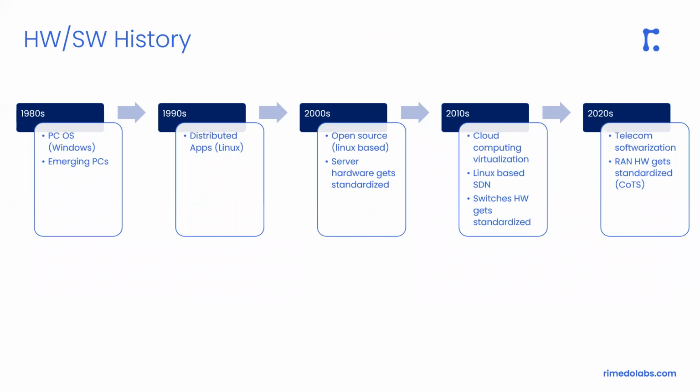If you look back in history, we had this discussion already in the 1980s and 1990s, when consumer softwareization came into play with distributed apps, when we had the Linux OS with external companies providing applications.